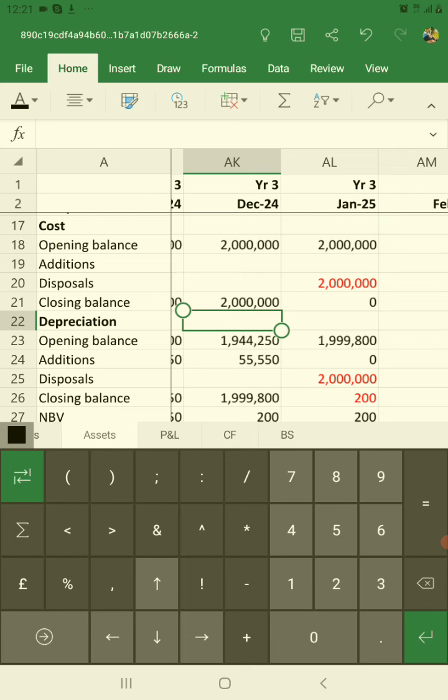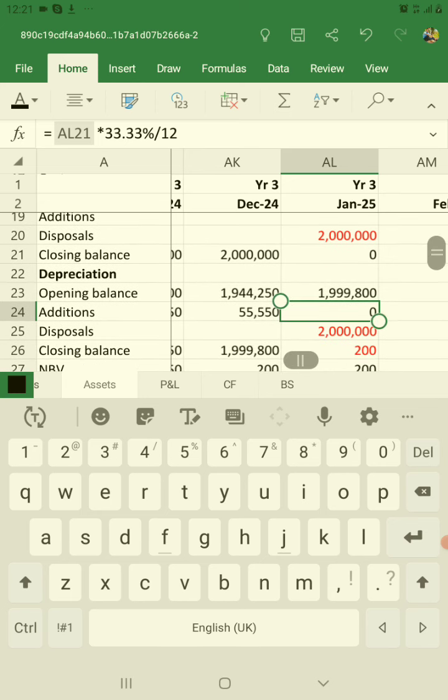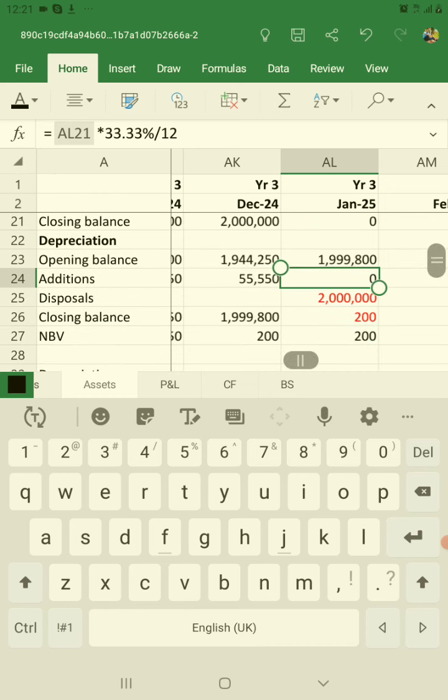Okay, yeah. So in the addition section here, as a procedure for disposal of an asset, we also need to add the remaining book value, this one net book value, that is 200. The remaining book value of the asset that is going to be disposed also needs to be added as depreciation for that period when you dispose it.